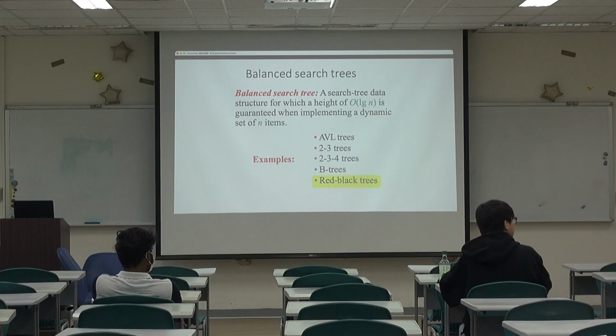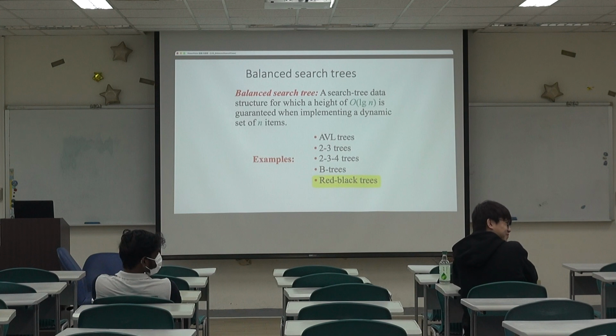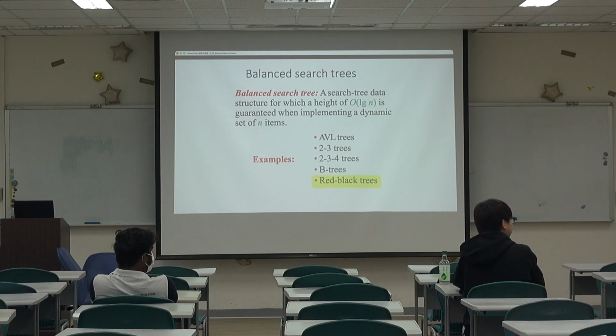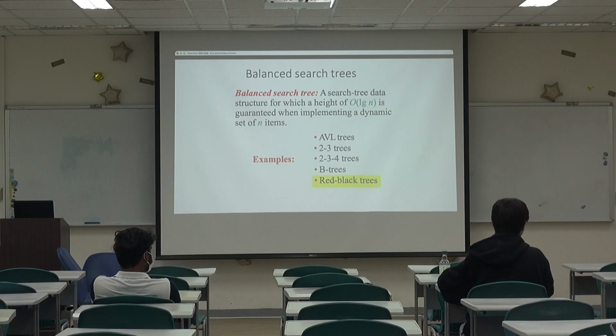Okay, I think that at least the AVL tree should be covered by the data structure class.